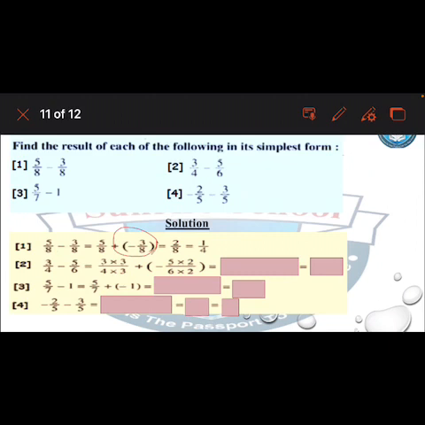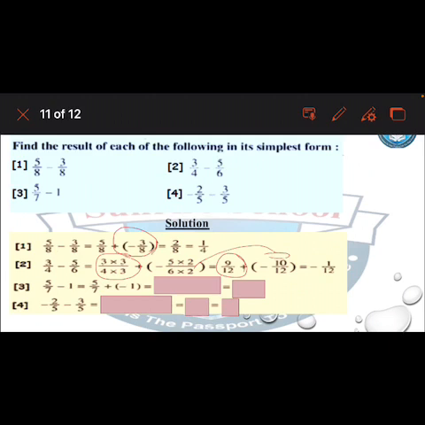This is the LCM. And 6 multiplied by 2 will give us 12 in the denominator on both sides. So 3 multiplied by 3 over 4 multiplied by 3 will be 9 over 12, and the other will change into negative 10 over 12, and the answer will be negative 1 over 12.